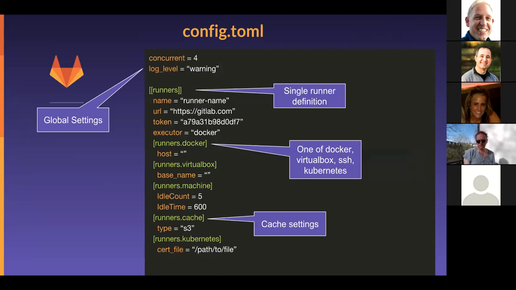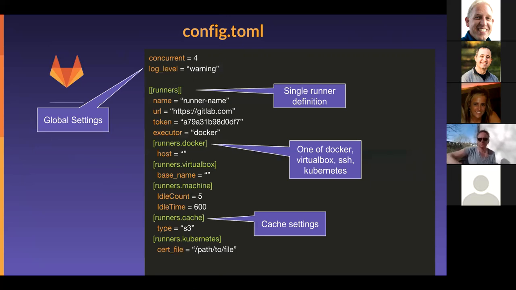And then depending on the executor, you might have specific executor definitions below. So here I've included many of them, but you won't actually have all of them. You would have one or the other. So you could have Docker, you could have VirtualBox, you could have Kubernetes. The specific considerations we talked about are going to be found within this sub-settings area.